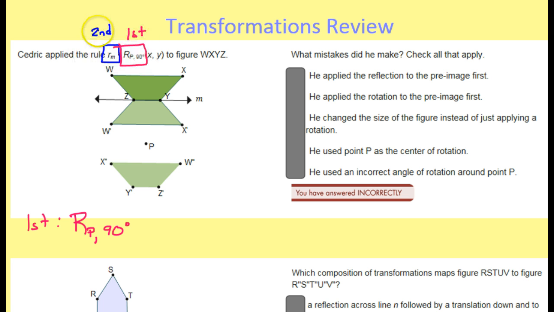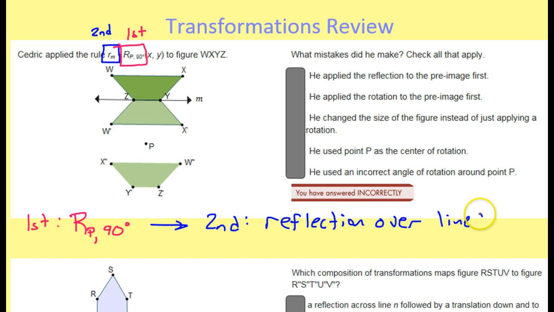And then second we have a reflection over line M. Now what are they actually asking us? Cedric applied the rule. What mistakes did he make?